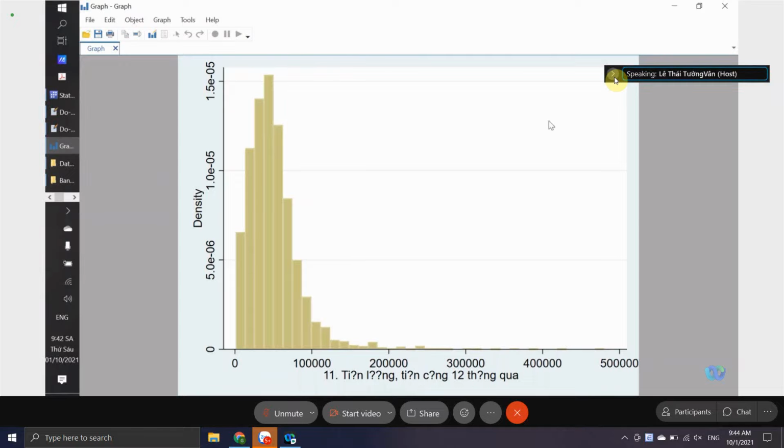It is not normal. But let me do something. Now, there is an interesting property of the log function. If you take the log of x, when x is small, log x increases quickly as x increases.